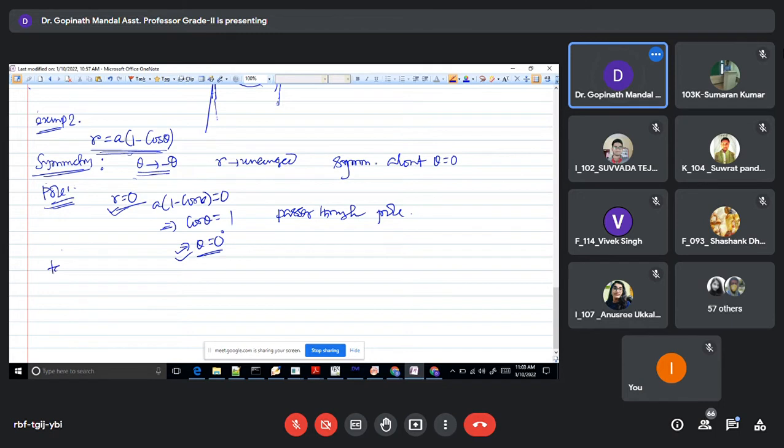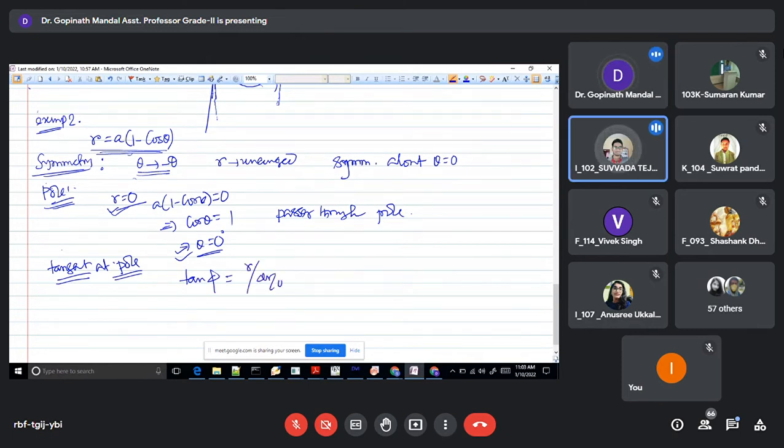Now tangent at pole. So tan phi will be r dr by d theta.